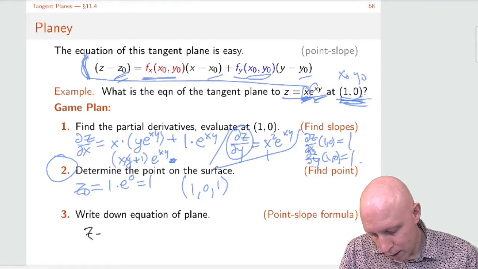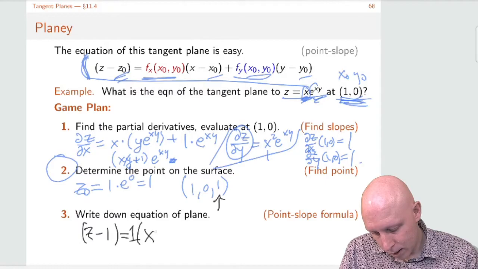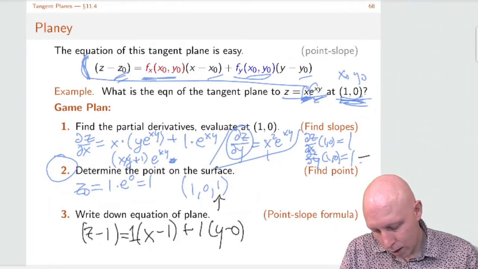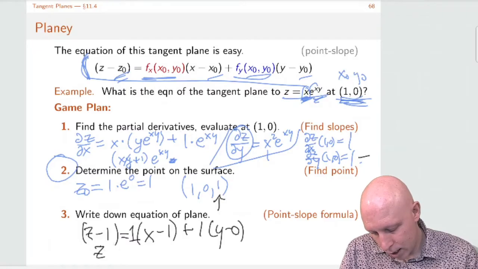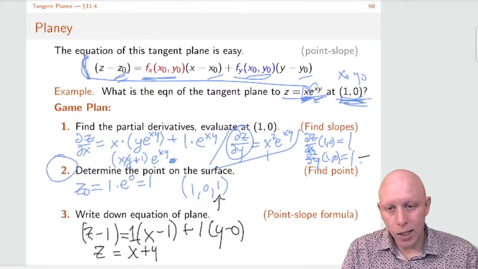So we get z minus z naught, which is 1, is equal to 1 times x minus x naught, which is 1, plus the slope, which is 1, times y minus 0. So we get the equation z is equal to, let's see, x minus 1 plus y plus 1. So z is equal to x plus y is the equation of the plane.